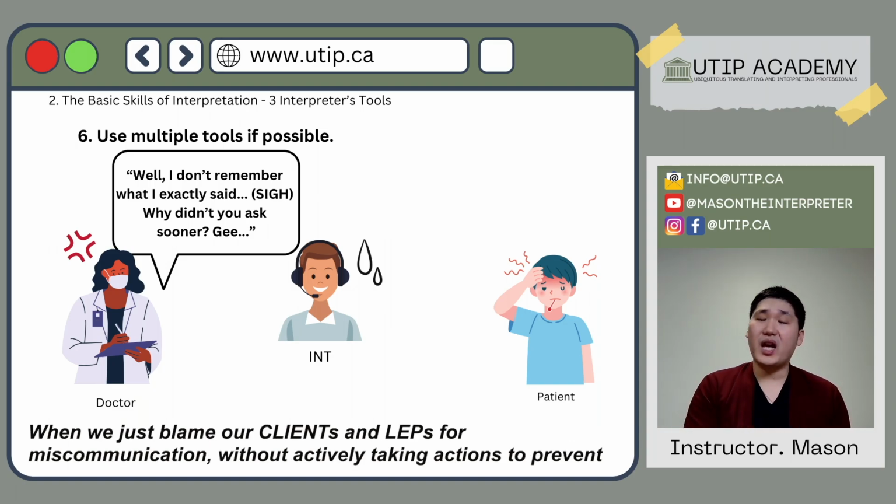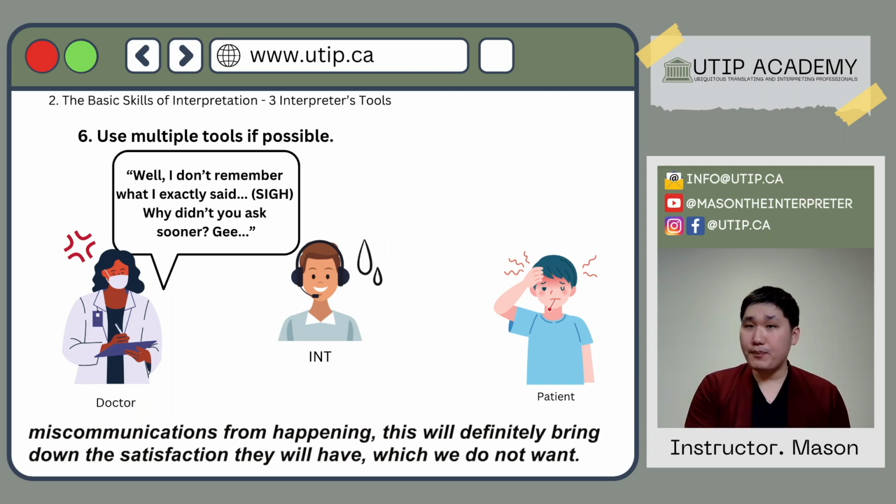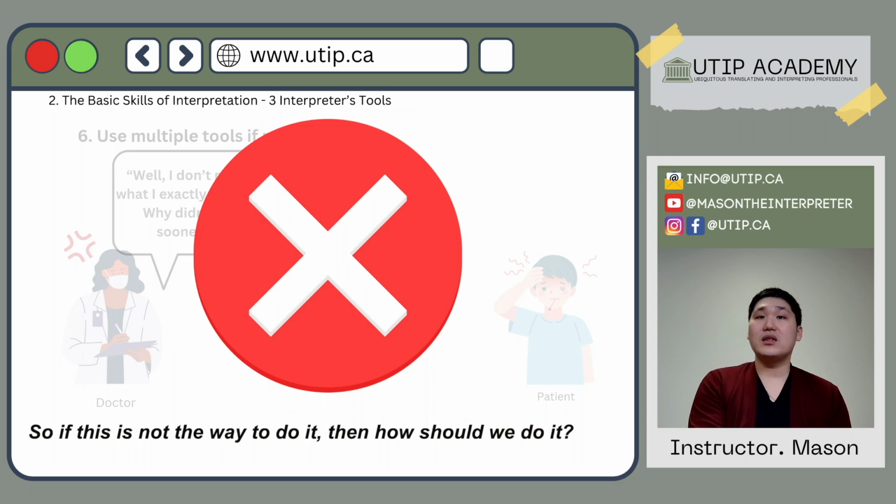When we just blame our clients and LEPs for miscommunications without actively taking actions to prevent miscommunication from happening, this will definitely bring down the satisfaction they will have, which we do not want. So if this is not the way to do it, then how should we do it?